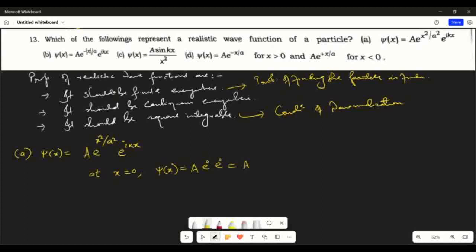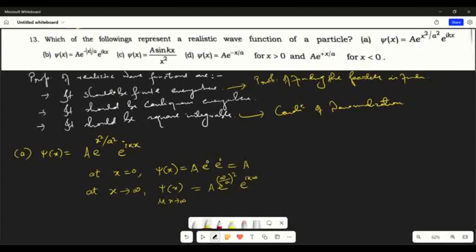Now let's check the value of the function at x tending to infinity. Psi x in the limit x tends to infinity takes the value e to the power infinity square by a square, and e to the power ik infinity.